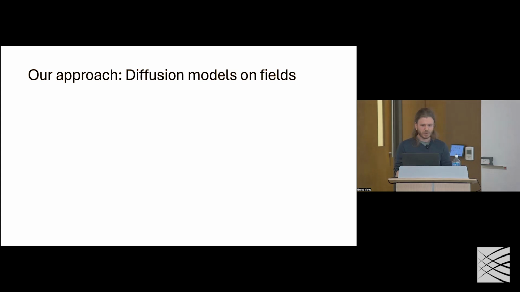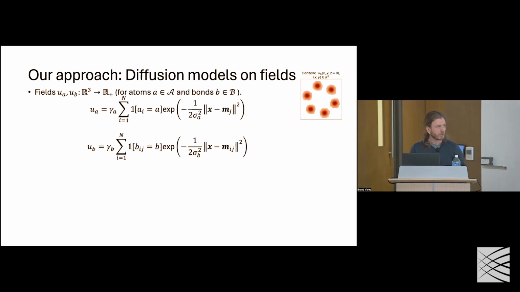So we propose diffusion models on fields, and concretely, we define scalar fields in the three-dimensional space for each atom and covalent bond type, which have the following form. So they are sort of unnormalized Gaussian balls with specific field parameters, gamma and standard deviations.